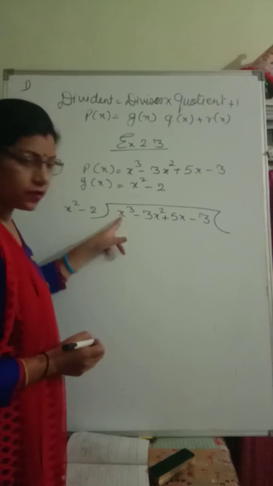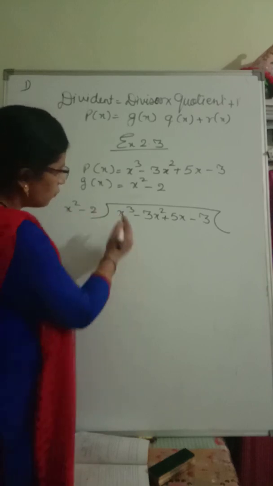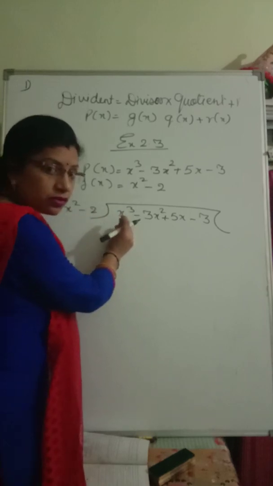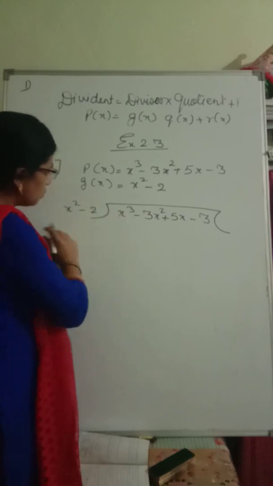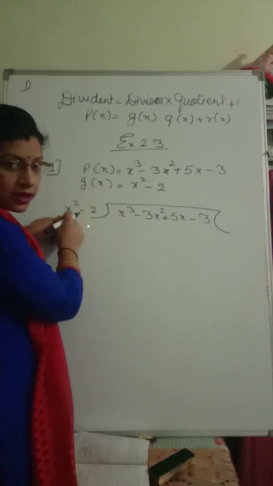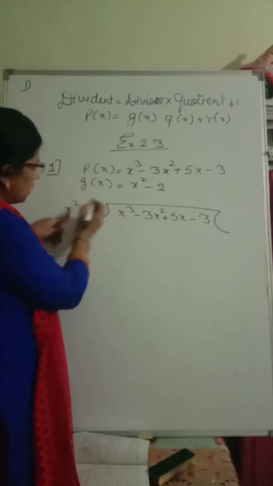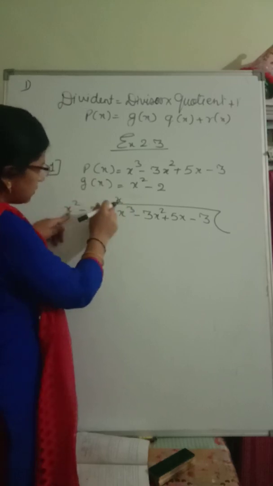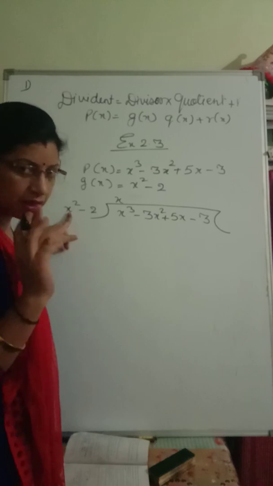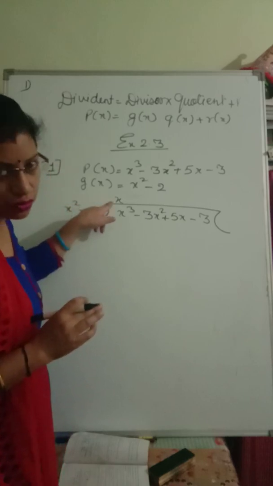Now we have to see the first term. We want plus x cube. You have to see the sign also. Here you have to see with what number we should multiply, so that it becomes plus x cube. We should multiply it by x. X square into x is x cube, and plus sign, so we get it.